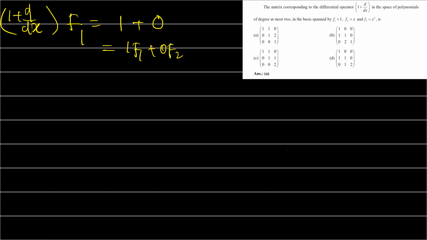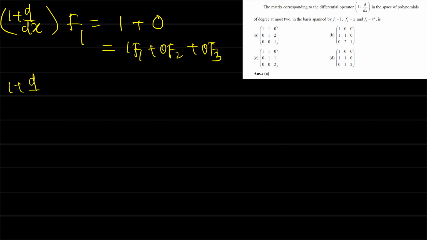So what we will do basically, first let's evaluate the operation on f1. It is nothing but 1 plus, and all the other values will be 0, so we can write this as 1 into f1, 0 into f2 and 0 into f3.